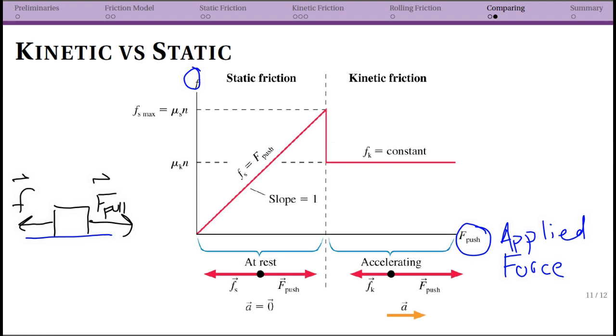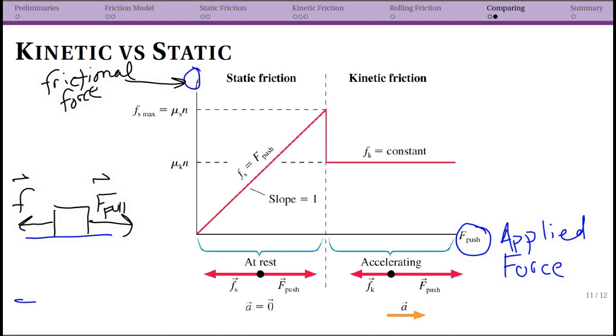So this on our y-axis is the frictional force. So this plot is the frictional force versus how hard we are pushing or pulling. This is on the horizontal axis, push. My picture was a pull, but hopefully that still makes sense, right?